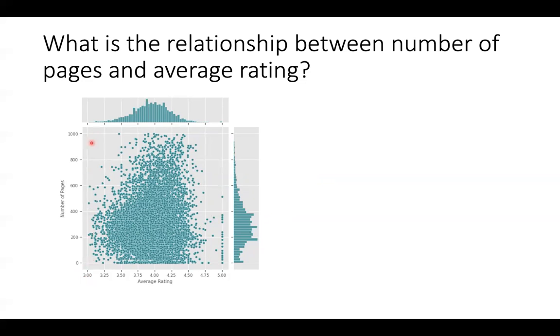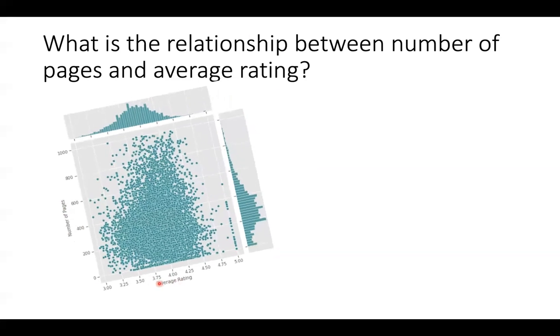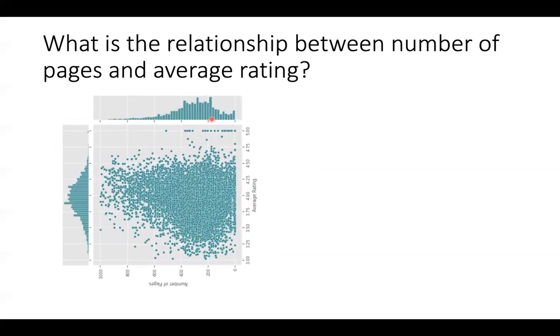Anyway, after the truncation, we can further our investigation into this relationship. Usually, if we want to check the relationship, we can look at the distribution between the number of pages and average rating. By doing that, we can rotate this joint plot a bit, and we treat the x-axis as the number of pages from 0 to 1000, and the y-axis starting from 3.